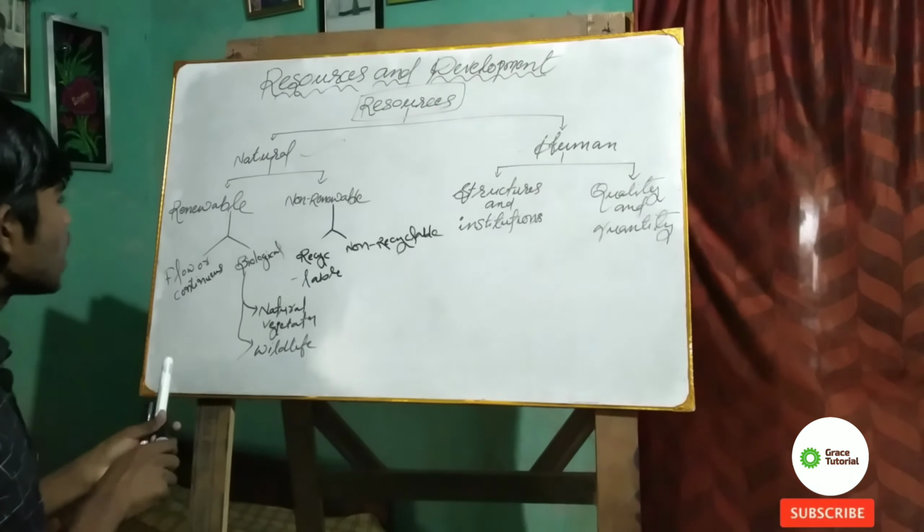And one more thing you need to remember, these resources do not remain at one location. That means they move from one place to another by the action of the physical environment.